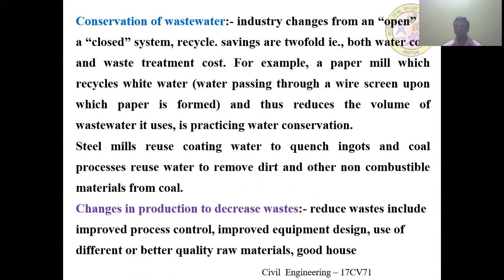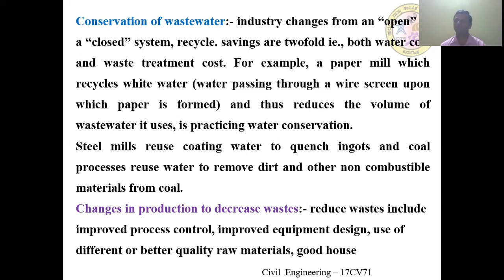In practicing water conservation, a steel mill reuses cooling water to quench ingots, and coal processing reuses water to remove dirt and other non-combustible materials from the coal.